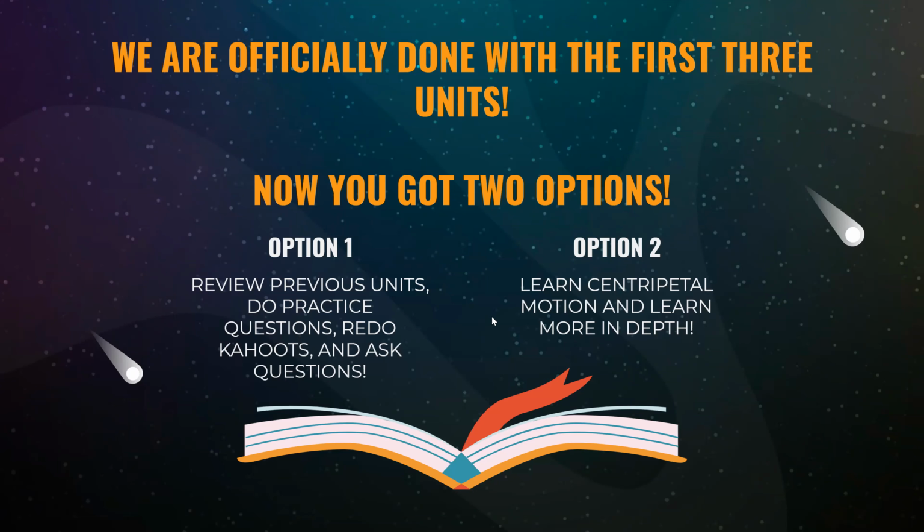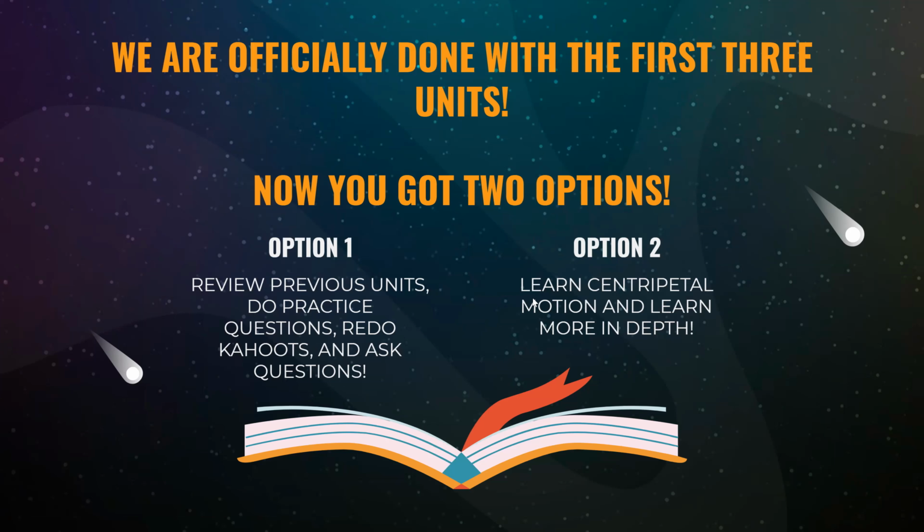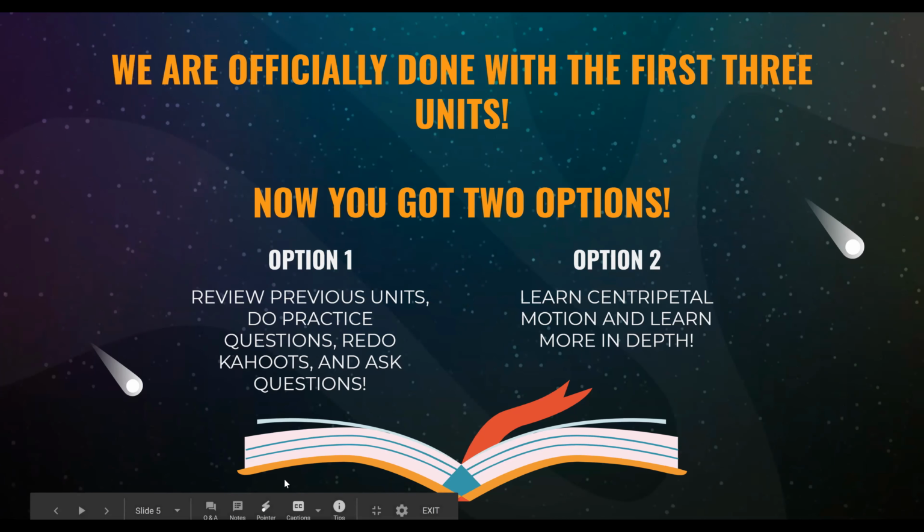Now, since you're officially done and we still have two classes, we're not just going to do nothing. You have two options. The first option is we could review previous units, kinematics and dynamics, or review gravitation again. We could do some practice questions, because some of you didn't have time to stay late to practice.